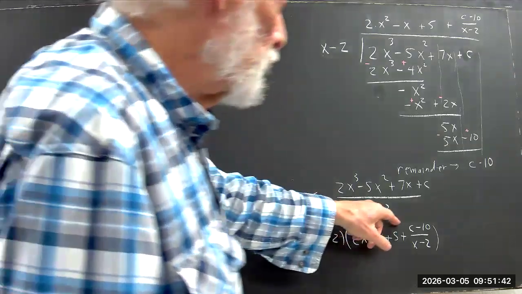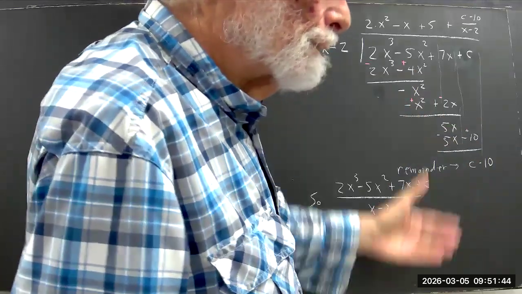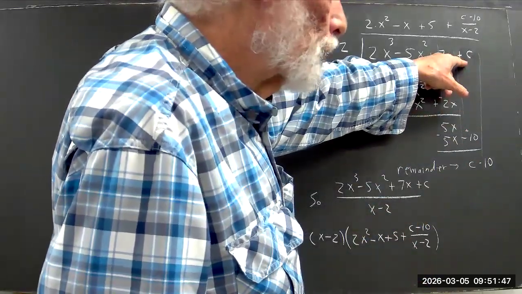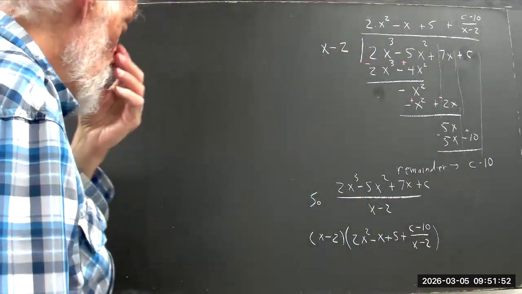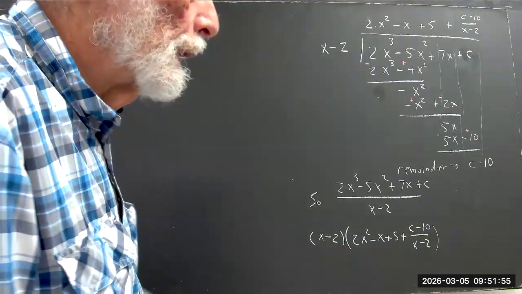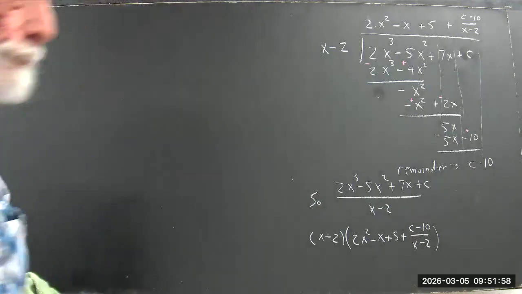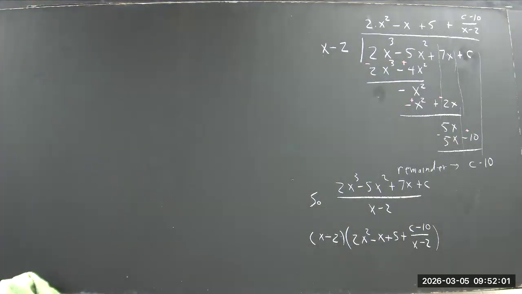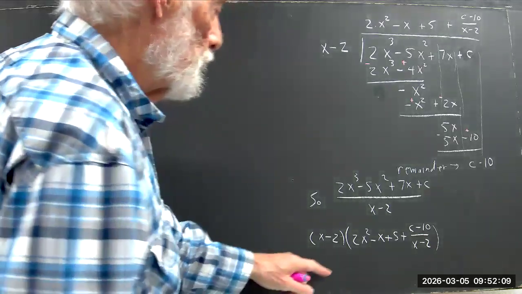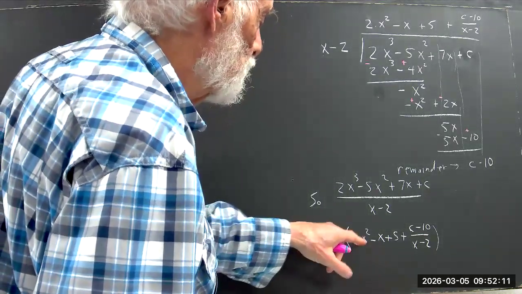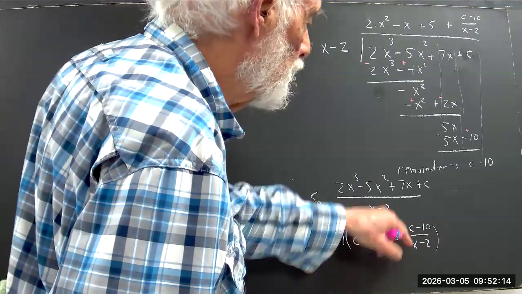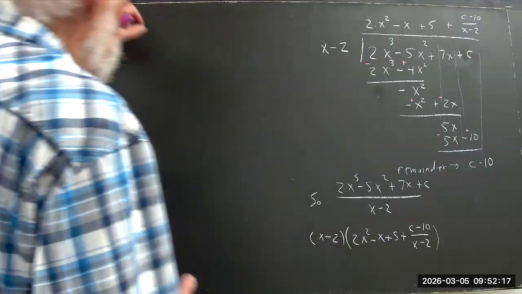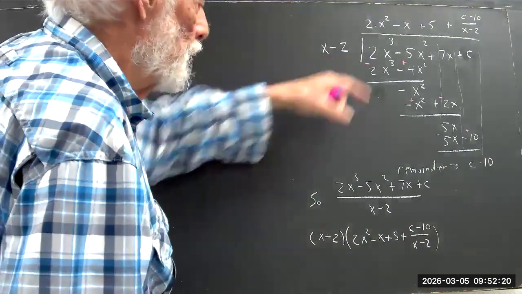Now, if you've got a number for c, that's fine. Whatever your number for c was, it would replace all these c's, and that's just fine. But let's do this multiplication using the distributive law. Okay, now multiplying x minus 2 by the 2x squared minus x plus 5 plus (c minus 10) over (x minus 2) is going to check our division.